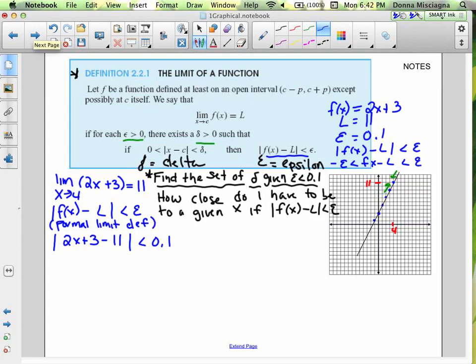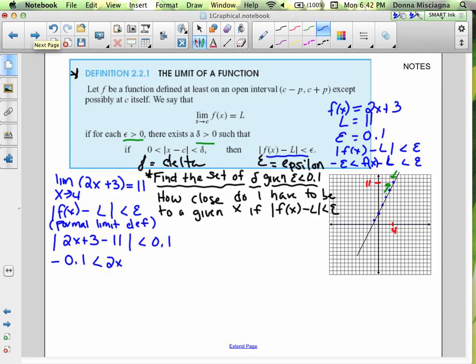With absolute value we don't care about direction, we just care how far away we are. So I could be 0.01 to the left, or 0.1 to the left, or 0.1 to the right. So when we rewrite this, we can be 0.1 to the left or to the right. Our distance between our function and our limit has to be no more than 0.1.